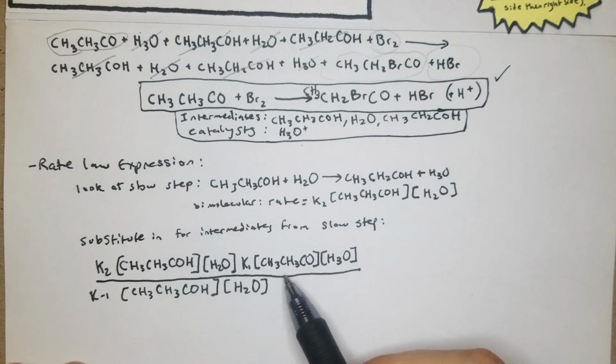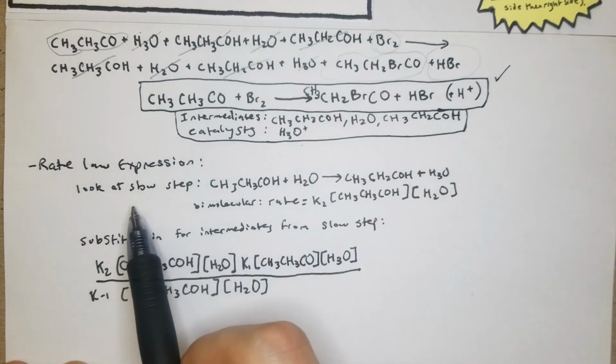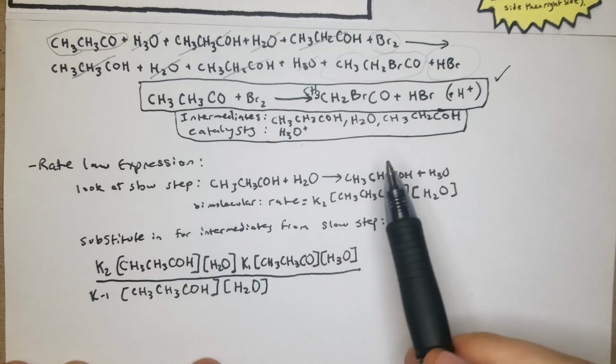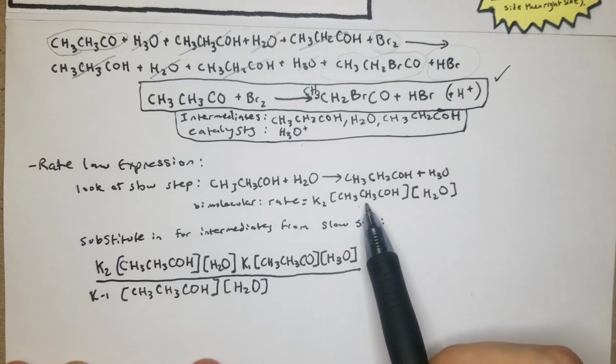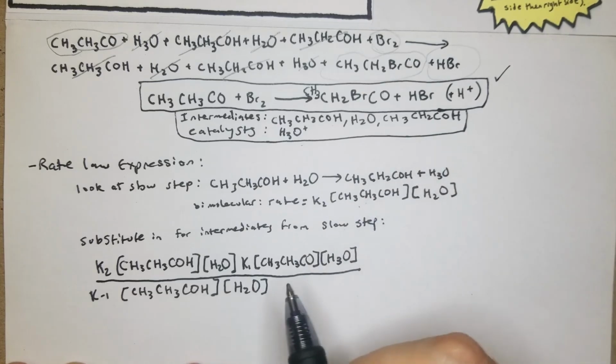That's what this results in once you substitute for each of the intermediates we ended up with in the slow step.